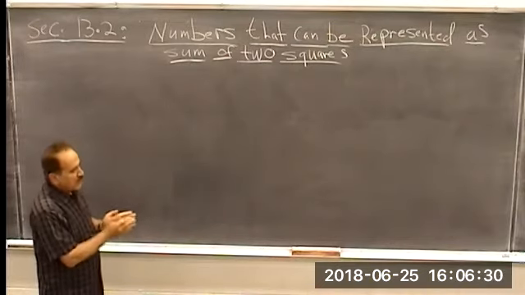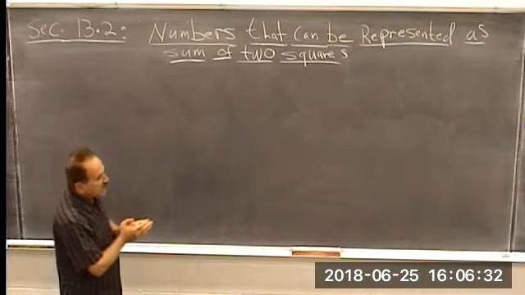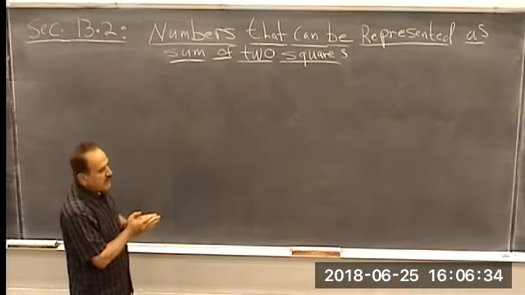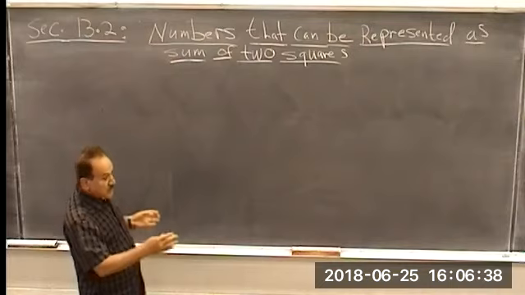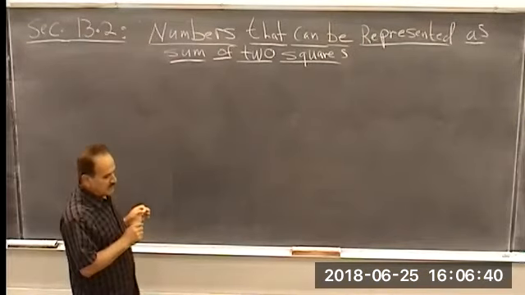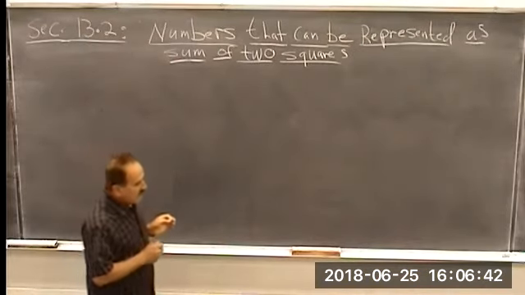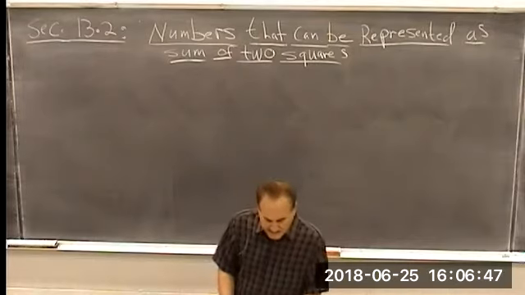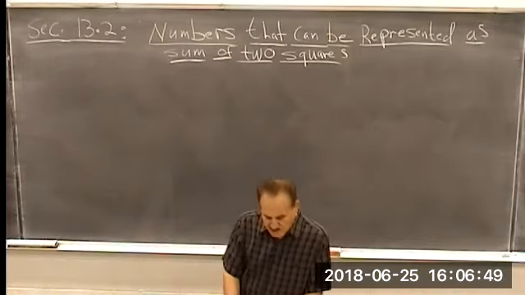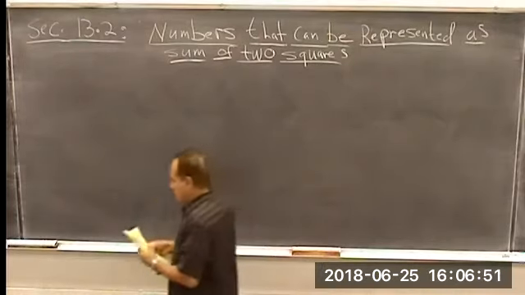Once we know which primes can be represented as a sum of squares, then if two primes can be written as a sum of squares, their product can be written as a sum of two squares. The justification of this is the following lemma, which is a little more general than that.